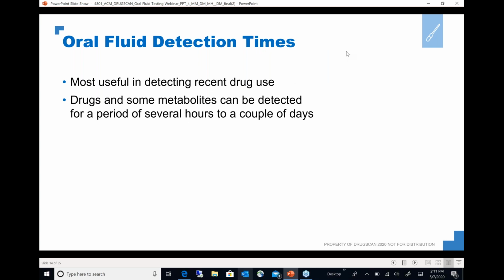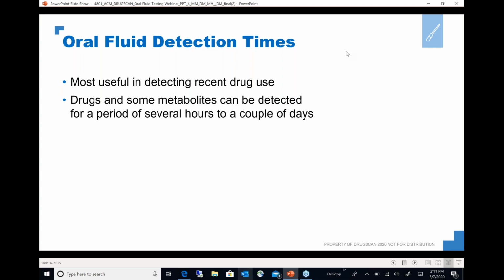Oral fluid detection times are most useful in detecting recent drug use. As drugs leave the blood and are distributed to their sites of action and the different areas in the body where the drugs reside, they're no longer circulating.